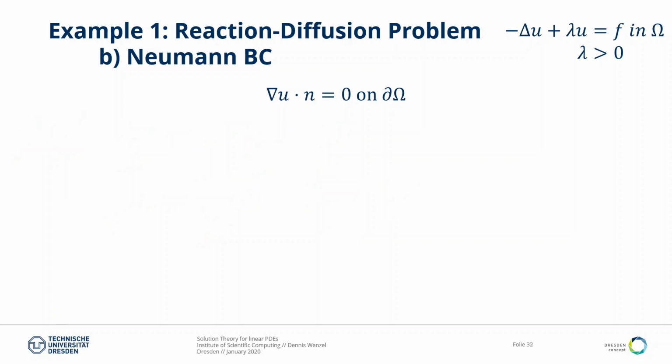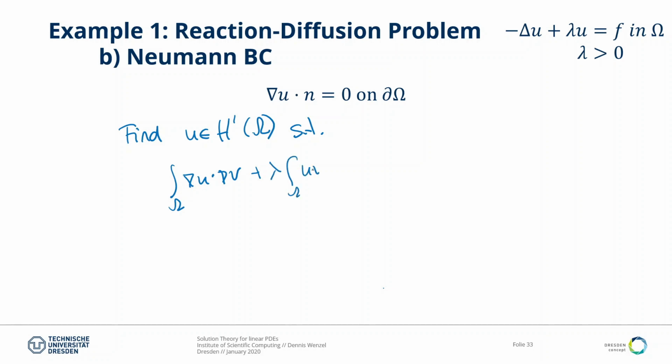So let's write down the weak formulation. We want to find u in, and now we are no longer searching in H^1_0, but only in H^1 of omega, such that the integral over gradient of u times gradient of v plus lambda integral over u times v is f of v for all v in H^1.